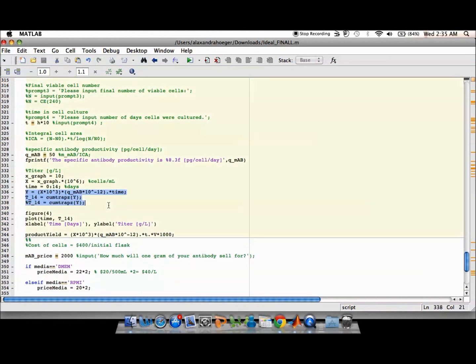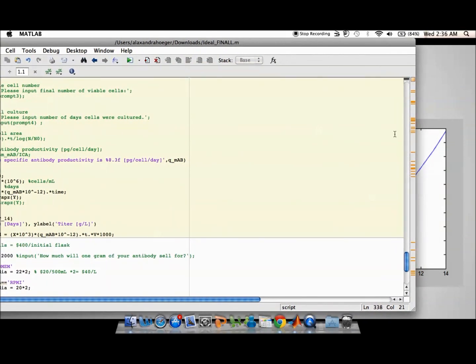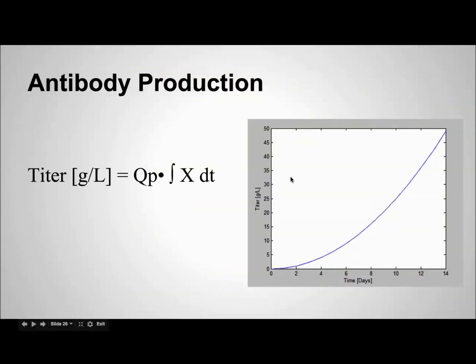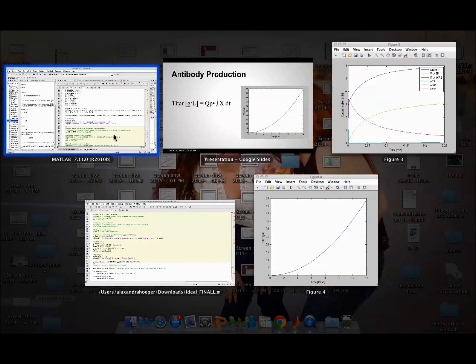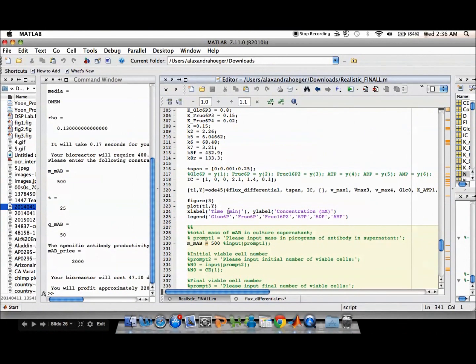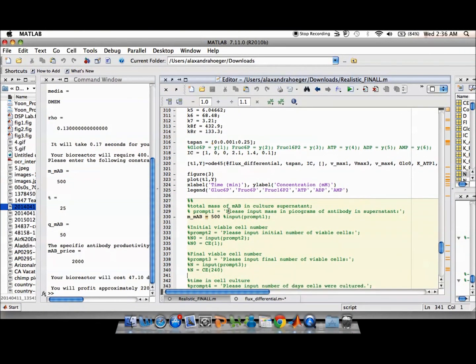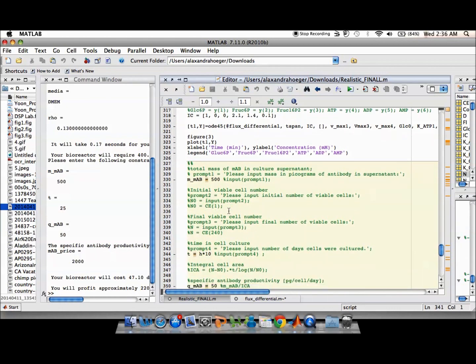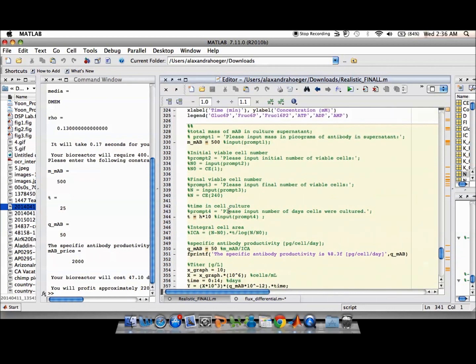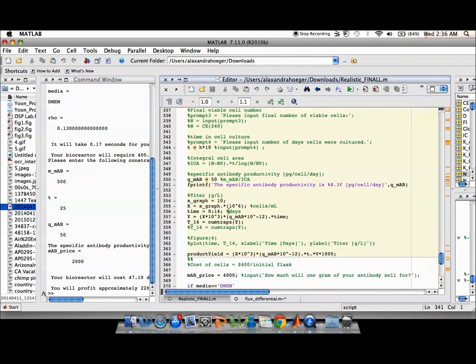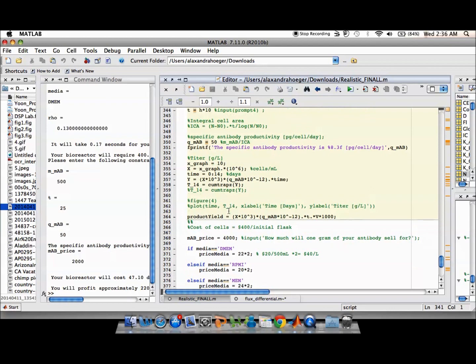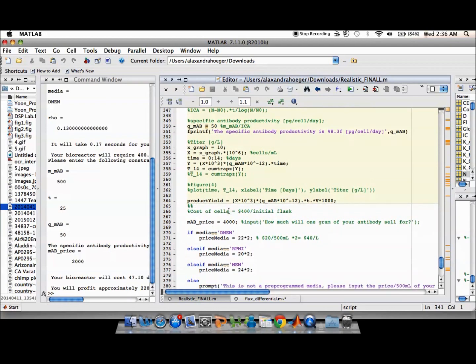Here. We're then able to just plot that against time, so you can see how your production is going as your cells are growing. From there, we're able to get our product yield at the end of the cell culture time period, and the going rate for these types of antibodies is between $2,000 to at least $10,000 per gram.